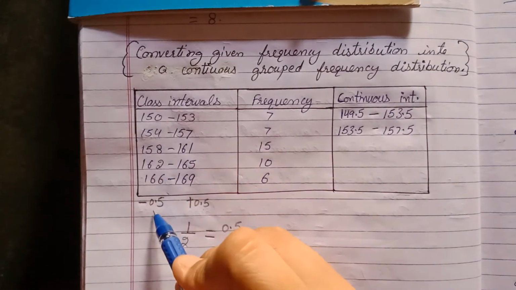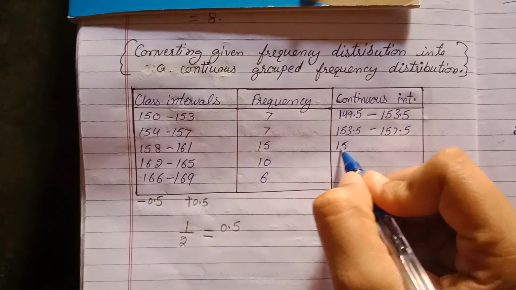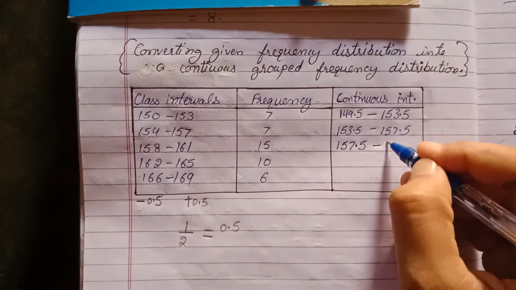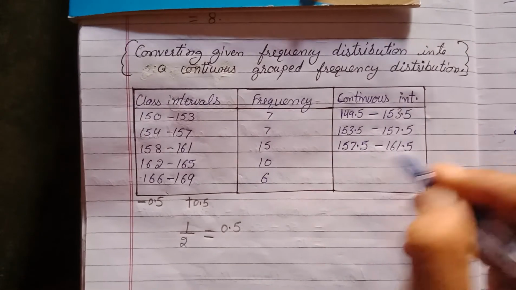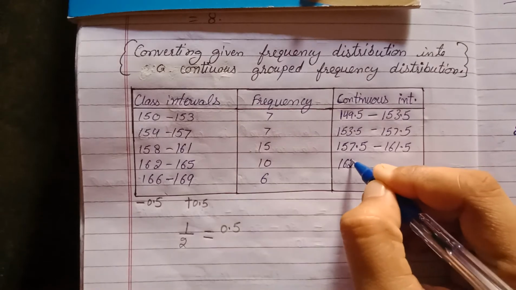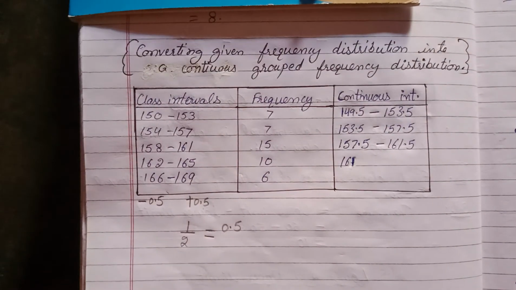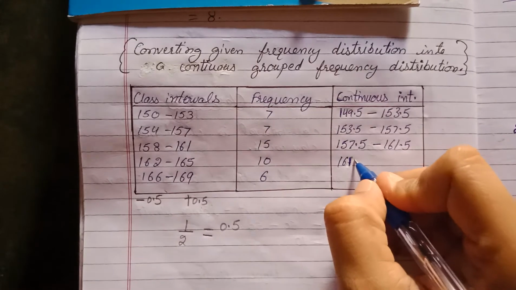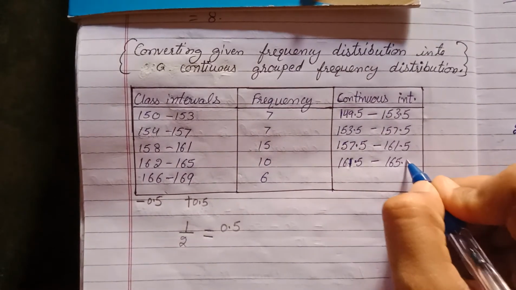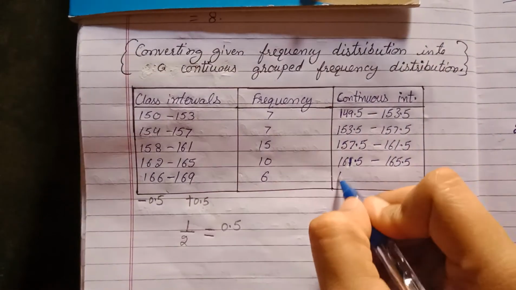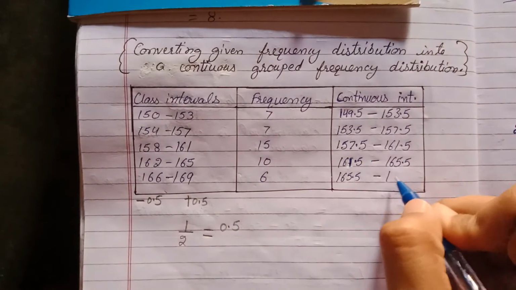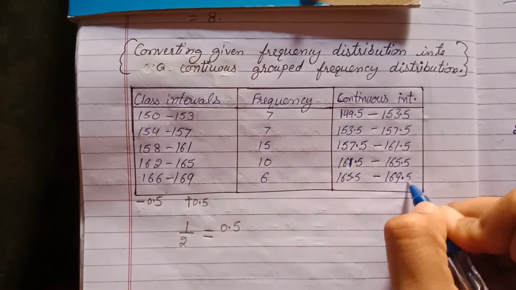In the lower limit we subtract, so it will be 157.5. Then in the upper limit we add, giving 161.5. Here the lower limit is 161 minus 0.5, which is 160.5, so we correct it here. Next the lower limit will be 165.5 after subtracting 0.5. After adding 0.5, we get 169.5.